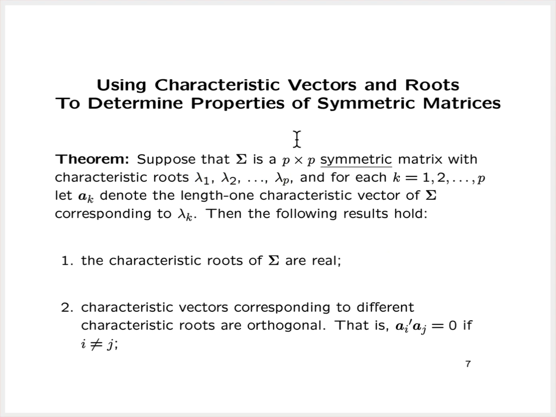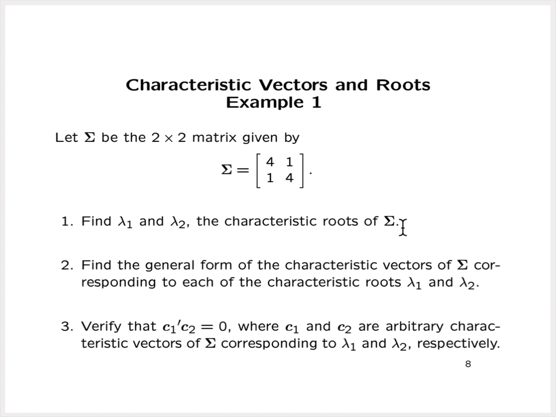So the number of characteristic roots that a square matrix has is equal to the dimension of the matrix. Since this is a 2 by 2 matrix and it's symmetric, there are going to be 2 characteristic roots, and they will both be real numbers.